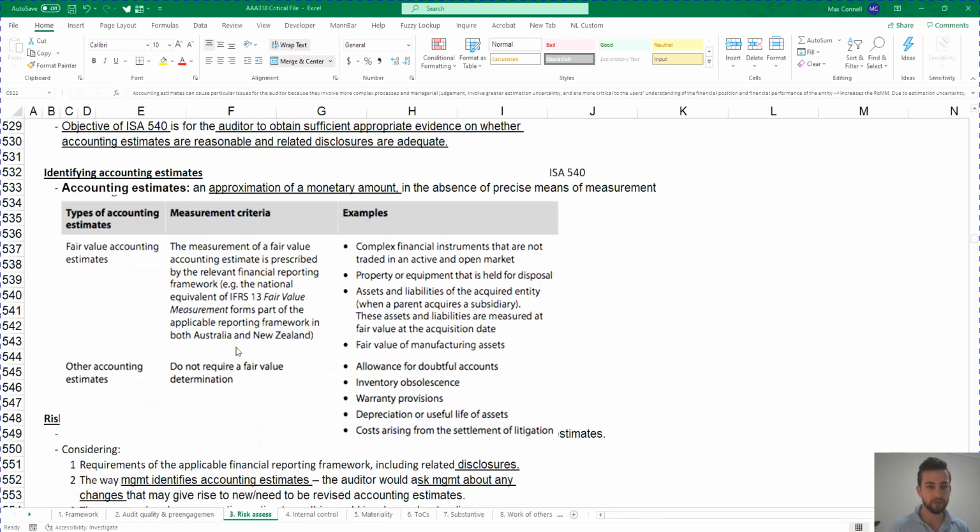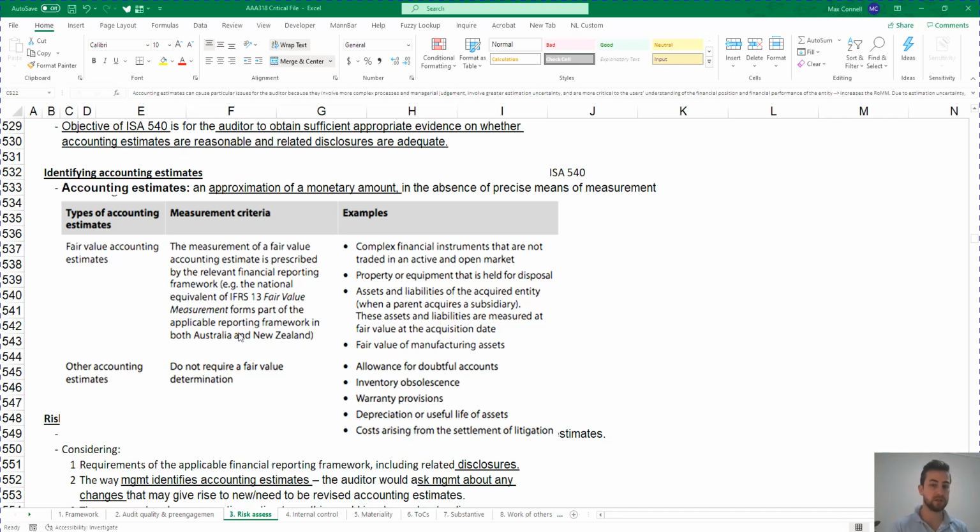So some examples of accounting estimates are, for example, fair value accounting estimates. This is probably the biggest one of all, because it is quite pervasive throughout financial statements. For example, you might have property, which needs to be valued at fair market value per IFRS 13. But how do you know what the fair value of property is? It's very hard to say.